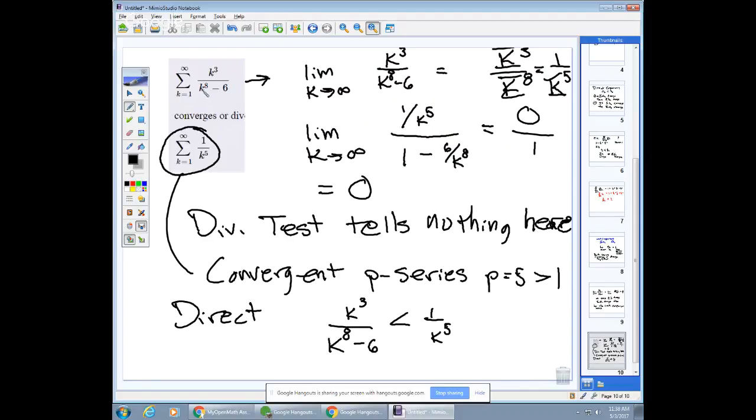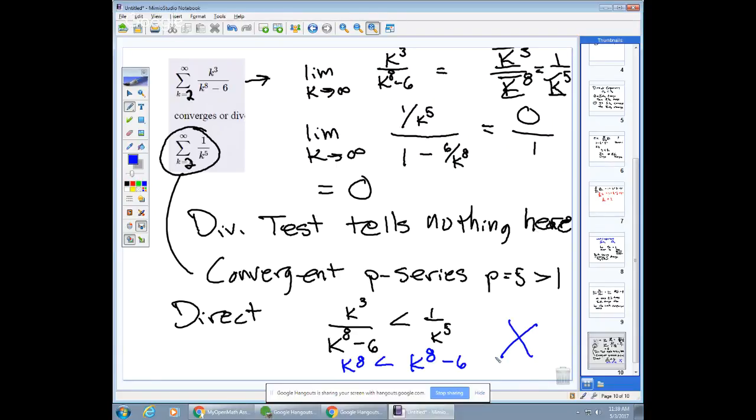I guess if I made k 2, that would be better. Cross multiplying, what do we have? Switch color, k to the 8th. Is that less than k to the 8th minus 6? Answer is no, it's not. So direct comparison fails here.